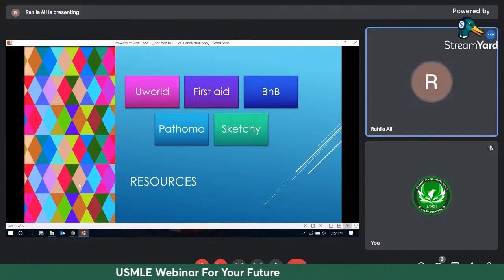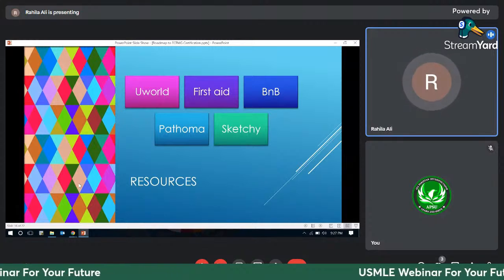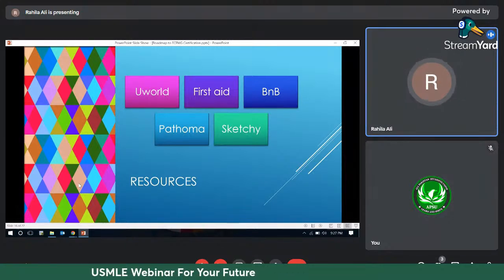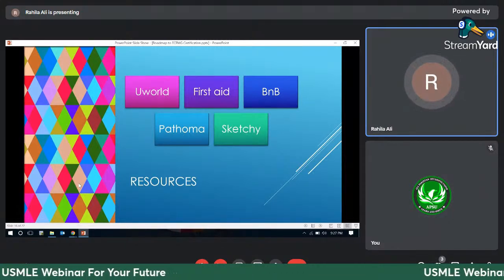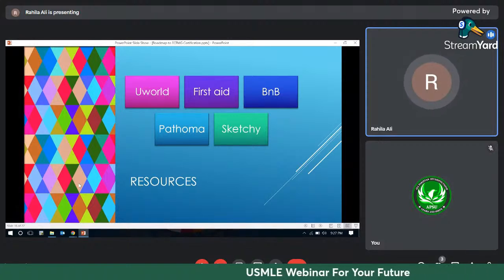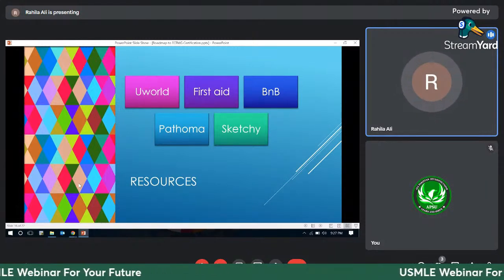After that, Sketchy is basically cartoon videos that you use just to remember things. I use it for micro, and some of the time for pharmacology, because in micro you miss details, you don't remember anything, because it's very difficult to remember every tidbit of detail about the micro and the organisms.